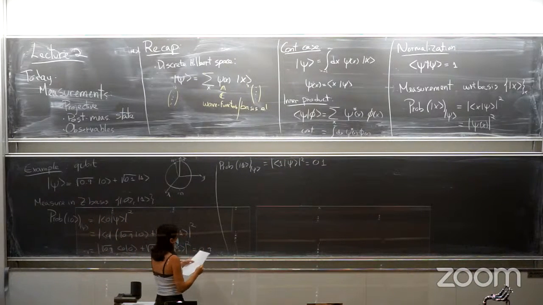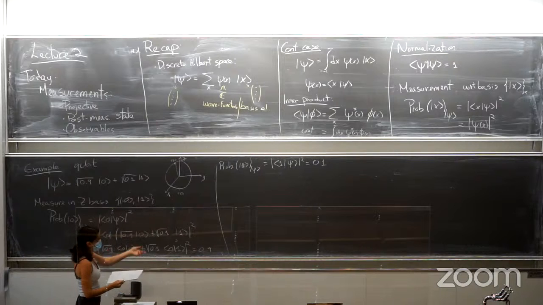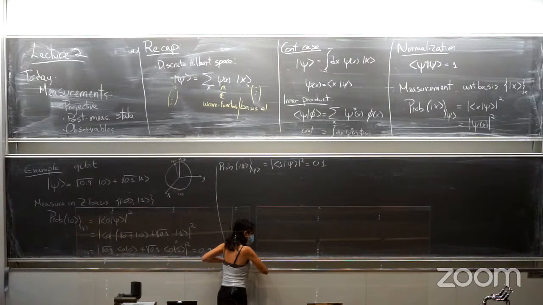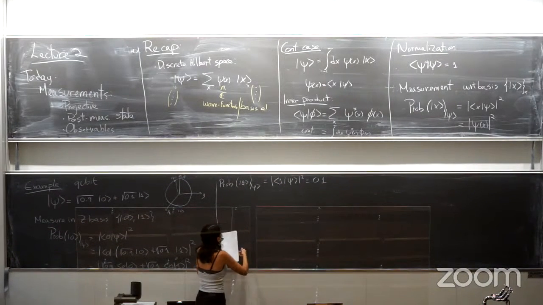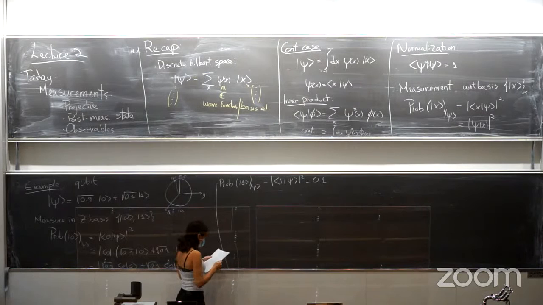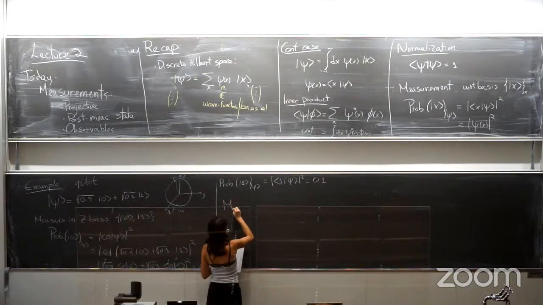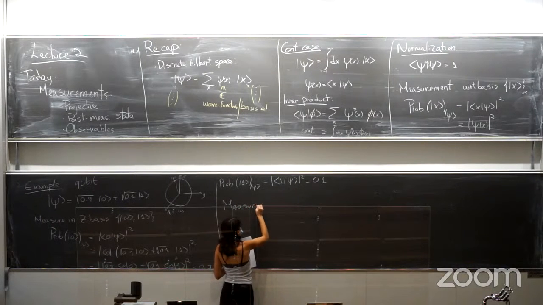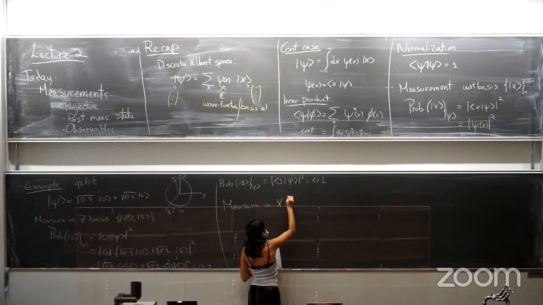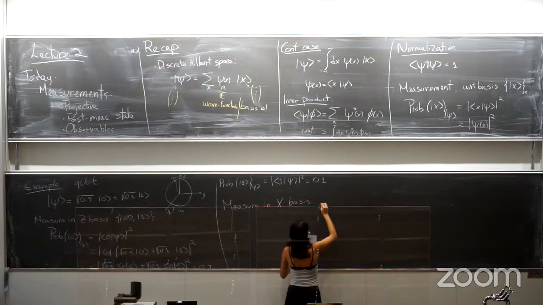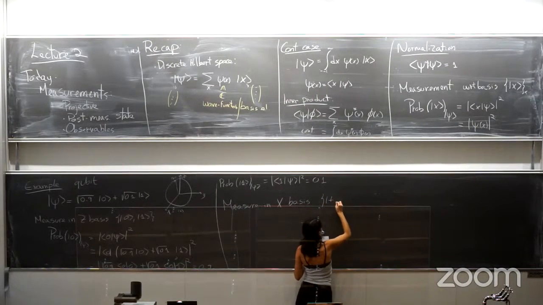Now, more interesting is to ask what happens if you want to measure it in the x basis, for example. I could measure it also in the y basis. It's just that in the lecture, we don't want to carry all these complex numbers around. So now we measure in the x basis, plus minus.